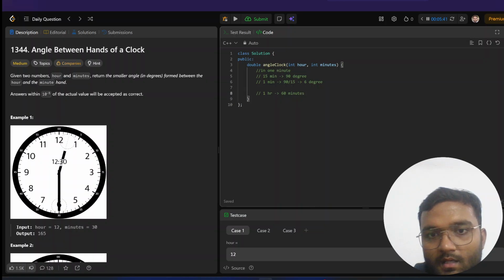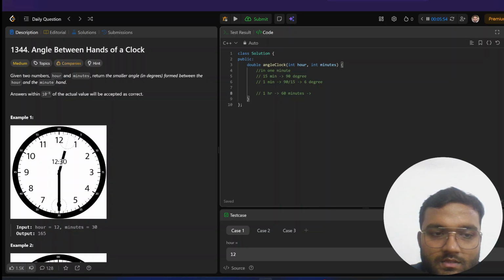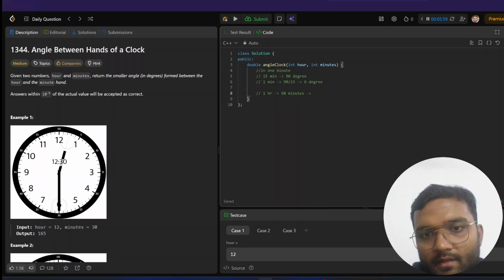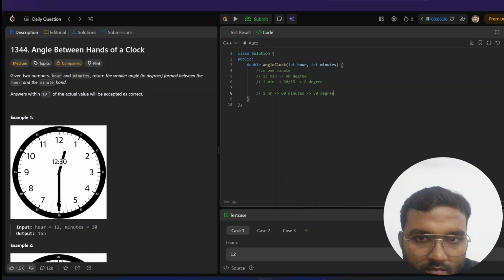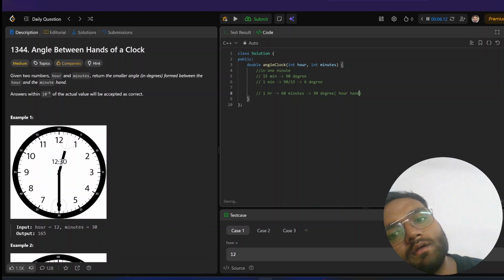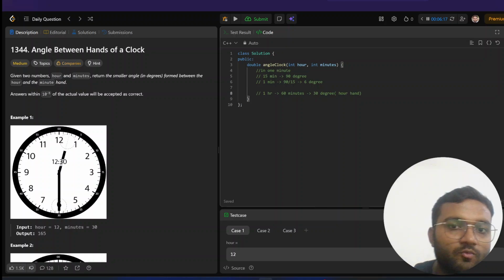In 1 hour, how much rotation does the hour hand make? It goes from 12 to 1, which is 5 minutes, 5 times 6 is 30 degrees. So in 1 hour, 30 degrees goes by the hour hand. That is, 60 minutes is 30 degrees of movement of the hour hand.